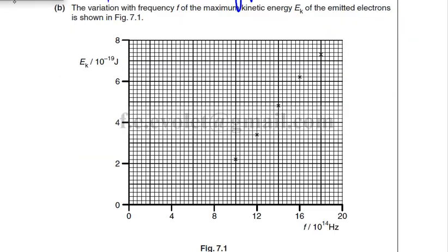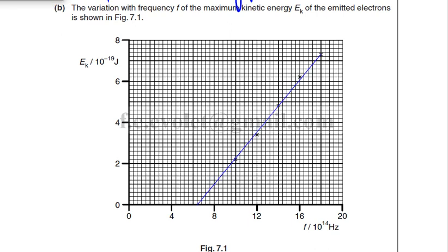The second part of the question says the variation with frequency f of the maximum kinetic energy Ek of the emitted electron is shown in the figure. So when light falls, electrons are emitted with different kinetic energy, which is plotted against the frequency of the incident light. If we plot these points, we get a straight line graph.